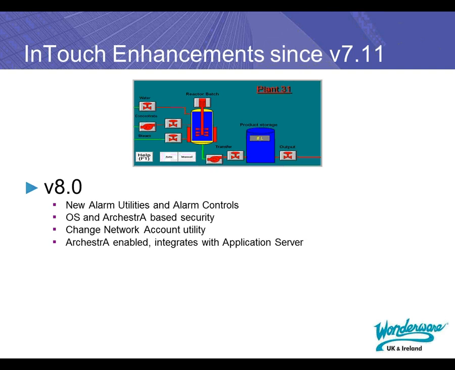Now, in earlier versions, such as version 8, it also included 2 security models, operating system-based and Galaxy-based, and introduces a change network account utility, which enables you to change the domain or local machine name, username and password. InTouch version 8 is actually the first Galaxy-enabled version of InTouch which integrates with Application Server.